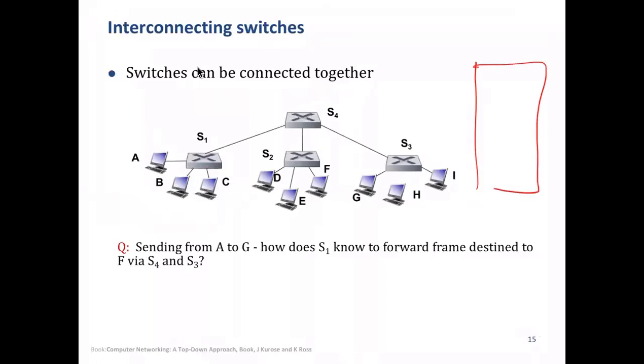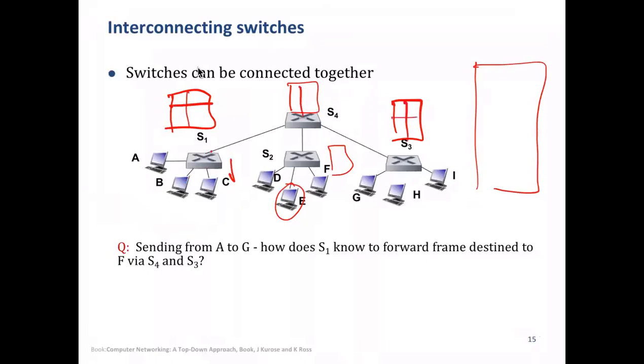Let's see. This is a table for the three switches, and there's a table here also, because each switch will have a table. So when A sends it for E, and initially all tables are empty, this switch will know that A exists at, say, port 1. When this floods the packet from A everywhere, then this switch will know that A exists at, let's say, also port 1.